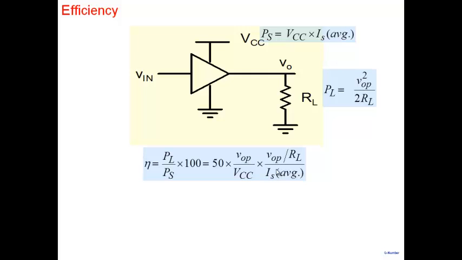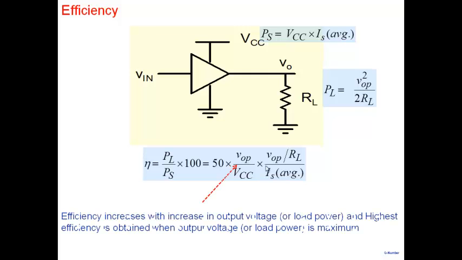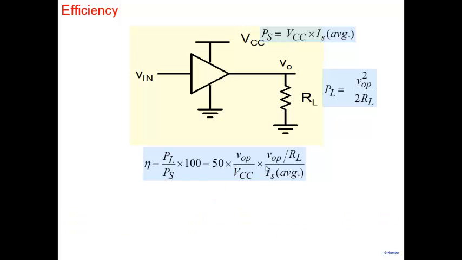Okay. So this tells you now that if you would like to maximize your efficiency here, note the first important thing: VCC is fixed for you. In many of the amplifiers you'll find that there is a biasing current which is going in, which is a DC, and on top of the biasing current, depending on how much current is to be delivered to the load, IS will have a sinusoidal current.